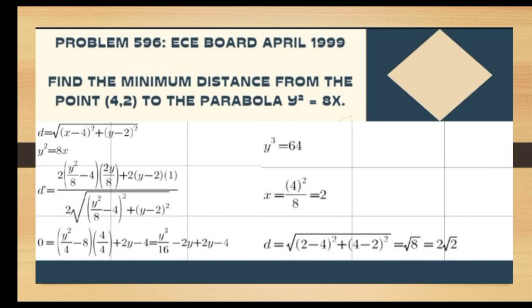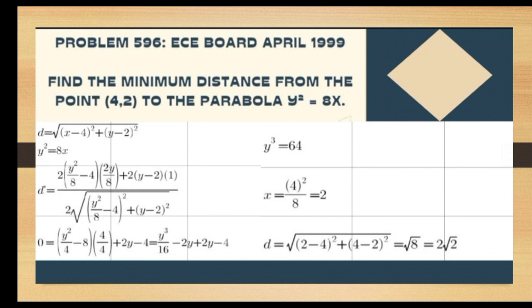Simplifying further, we get y cubed is equal to 64, which gives us the solution y equals 4. Substituting y equals 4 into equation 2, y squared equals 8x, we can solve for x. x equals 4 squared over 8 equals 2.